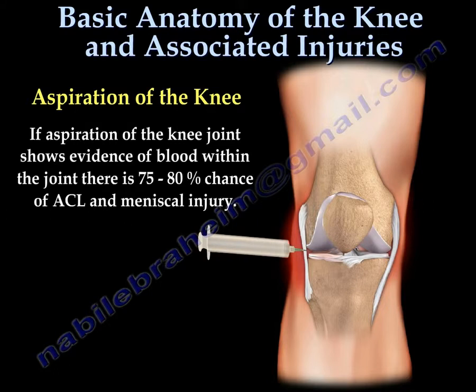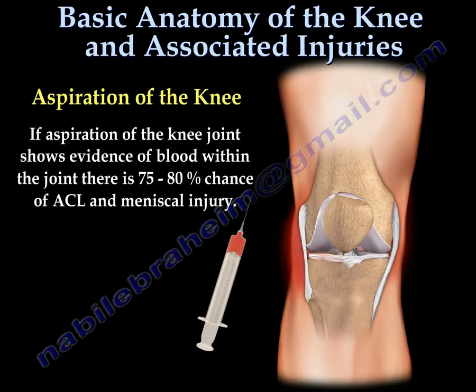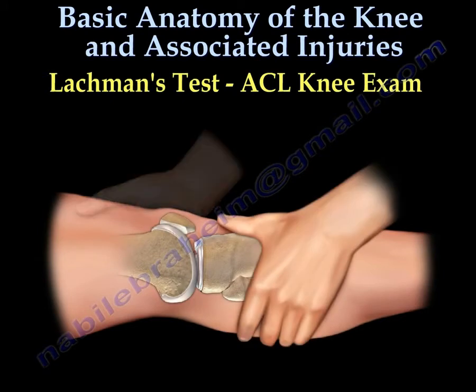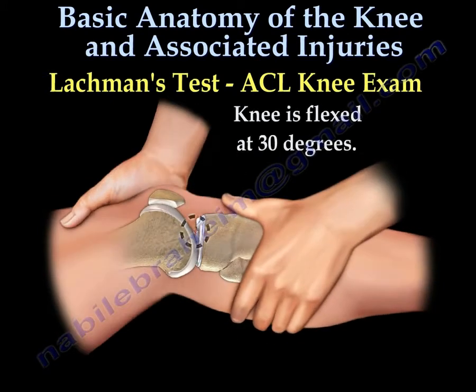If aspiration of the knee joint shows evidence of blood within the joint, there is a 75 to 80% chance of ACL and meniscal injury. The Lachman's test is the best examination to diagnose an ACL tear.